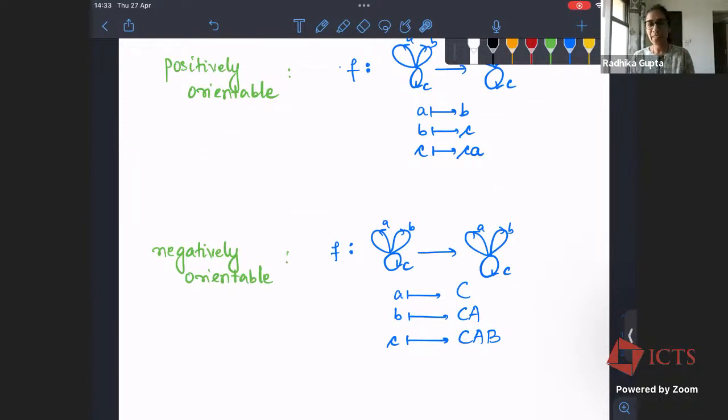Now capital letters mean inverse, sorry. Here the little a, b, c are my chosen orientations on the edges. But in the image, I'm seeing all the edges with opposite orientation. So this is C bar, like C traversed in the opposite direction. So this is negatively orientable.